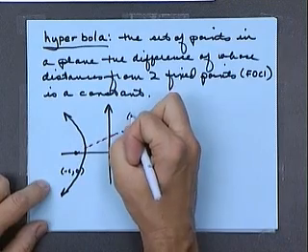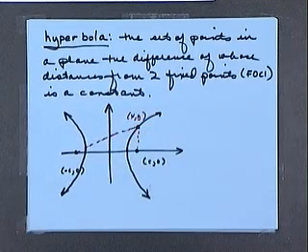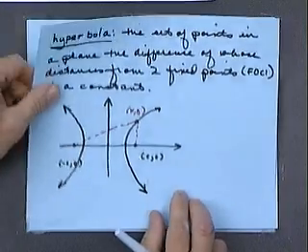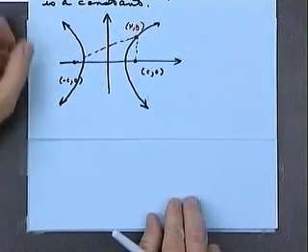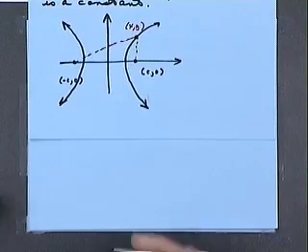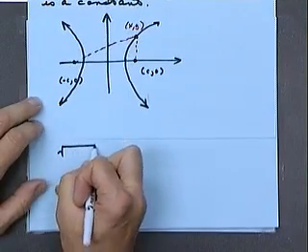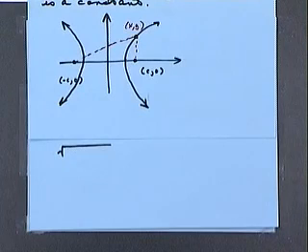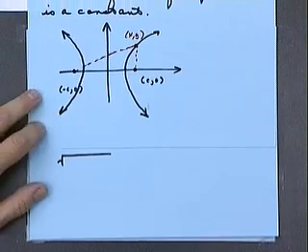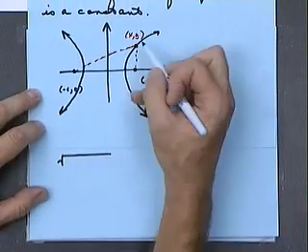So if this is some point (x, y), we would take the difference of the distances and set it equal to a constant, which again we would pick 2a for that. We'll do the first step, mention what the Pythagorean substitution would be, and then go to the last step without doing all the intermediate steps.